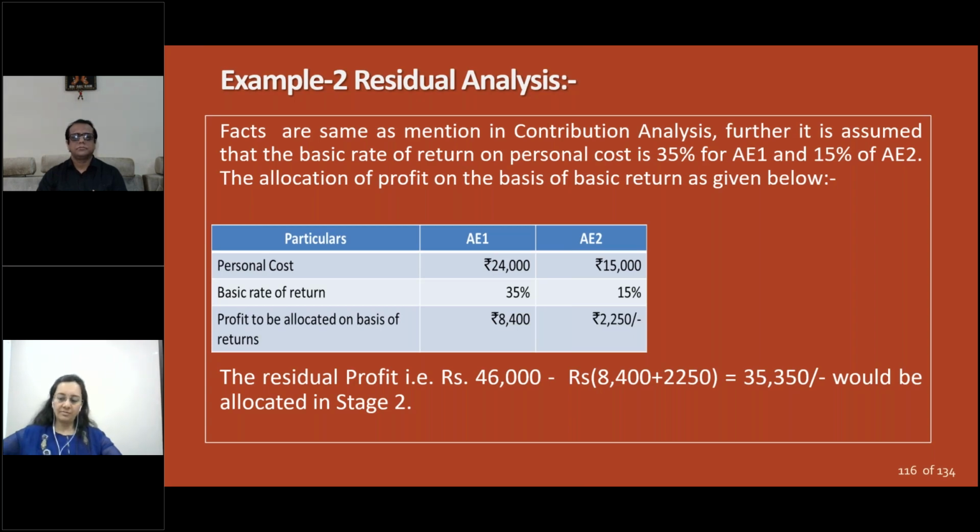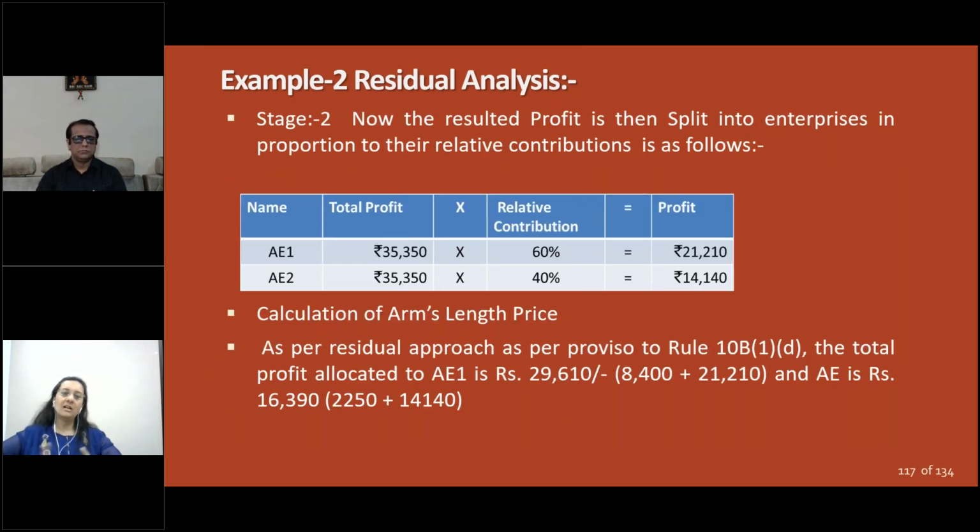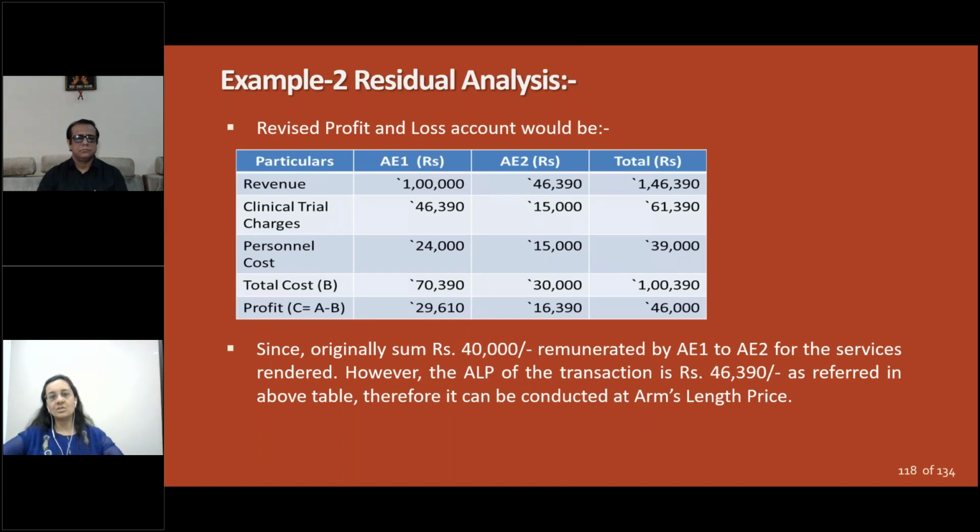Now 35,350 has to be allocated based on relative contribution, which is again 60-40 in this example. Again, if you see in the last row, the profit will remain 46, but the transference from A1 to A2 will change. Like in the first example of contribution analysis, the profit of A1 was 27,600; here it has become 29,600. And A2's profit, which was a different figure, has also become 16,390. So there's a slight difference between residual analysis and contribution analysis.